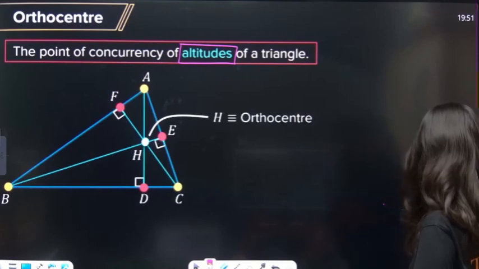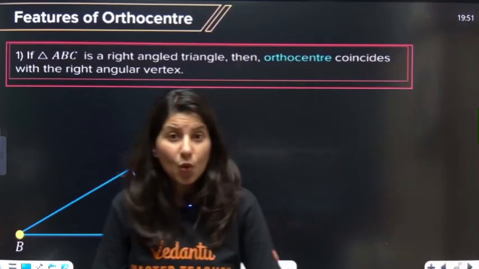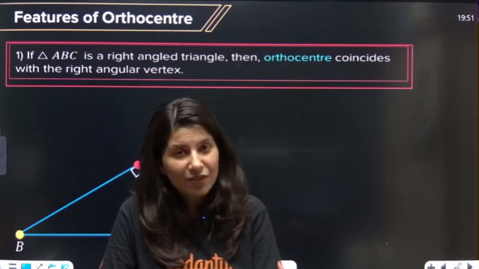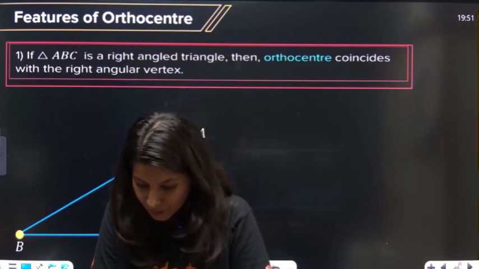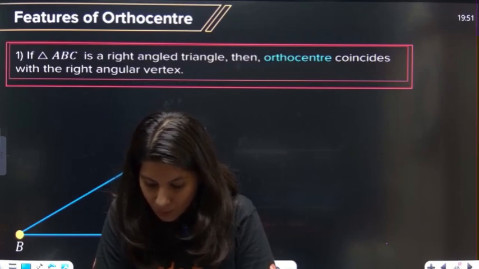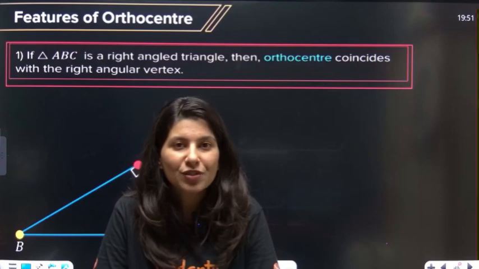So the point of intersection of altitudes. Right now, what you need to know about orthocenter is a very specific case wherein a right angle triangle is given to you. Ma'am, why is the symbol not O? Because O is for origin, na?